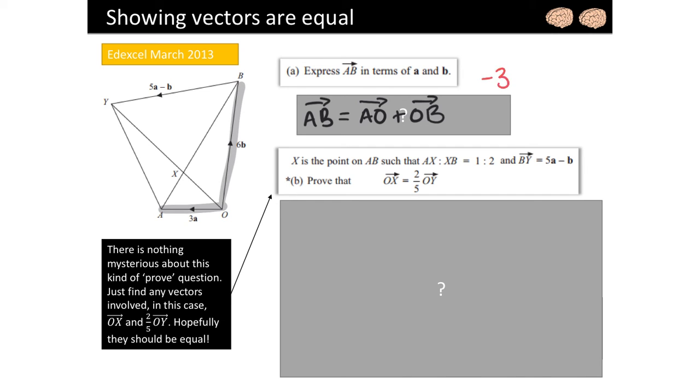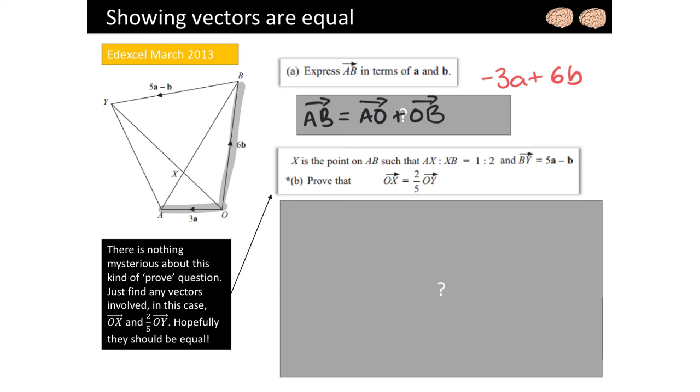So minus 3a plus 6b. Everyone should be happy with part a now. If you're still not happy with part a, you need to go back and look for some GCSE videos, because we should really all be up to this standard. And remember, we're not even at Pure 4 yet. This is just GCSE recap.